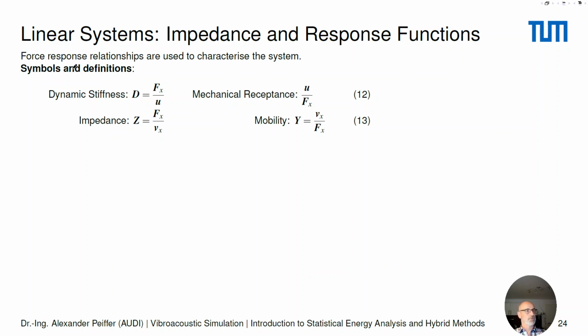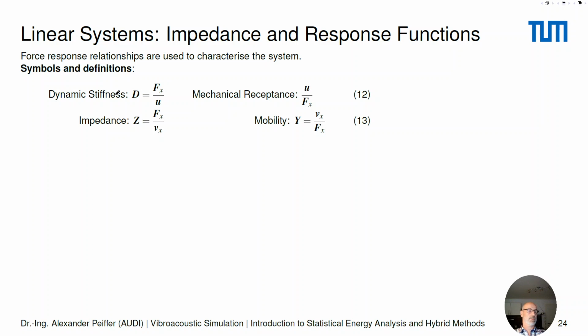And now we move to some very important definitions and symbols. In our expression, we have forces, we have displacement and velocities. And the relationship or the ratio of such quantities leads to specific, let's say, dynamic quantities that are of great relevance in the further consideration. They are dynamic constants, and they are usually complex, given by the italic and bold figure scheme.